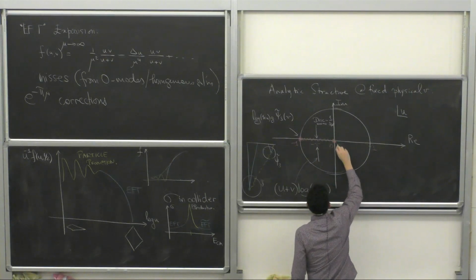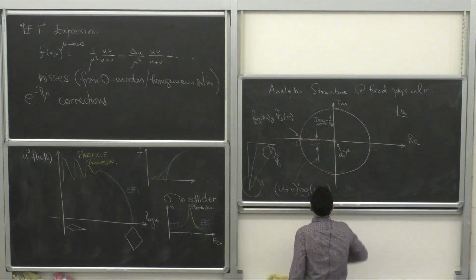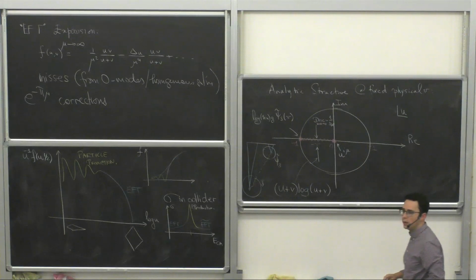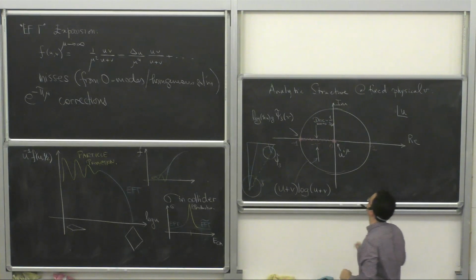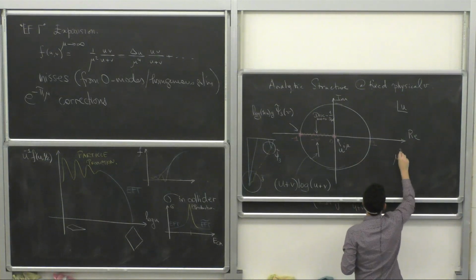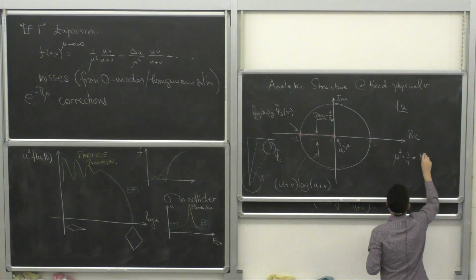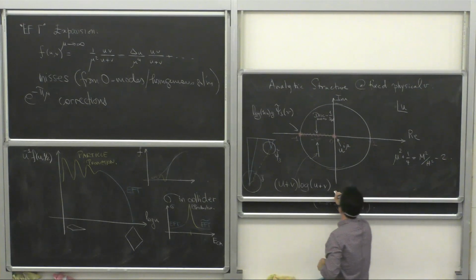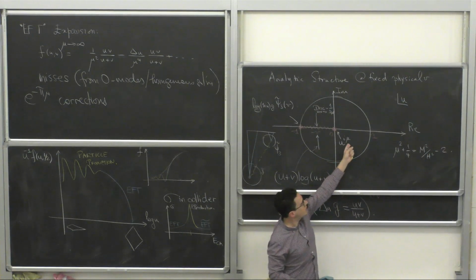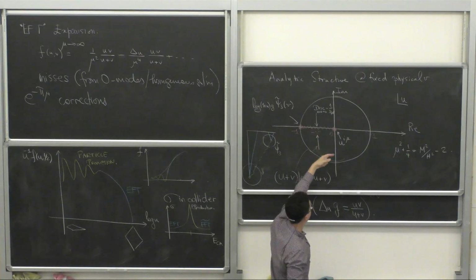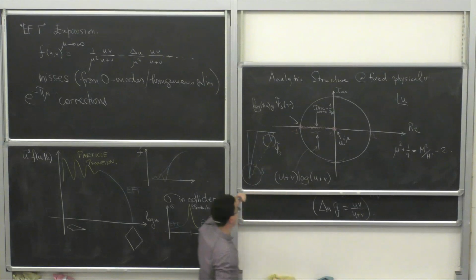While here it goes like U to the i mu essentially, and there it goes like log of 1 plus U. So it depends on where you are on the cut. Remember that mu squared plus a quarter is m squared over h squared minus 2. So it only opens a cut for generic mu. Sometimes it can be just a positive power, in which case there's no cut.